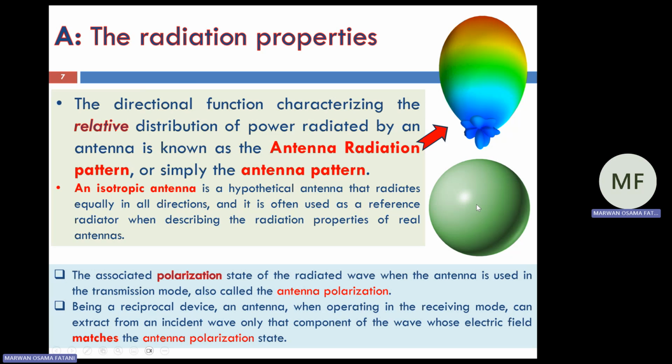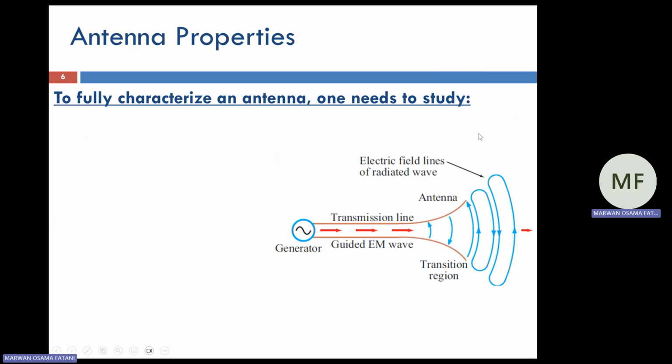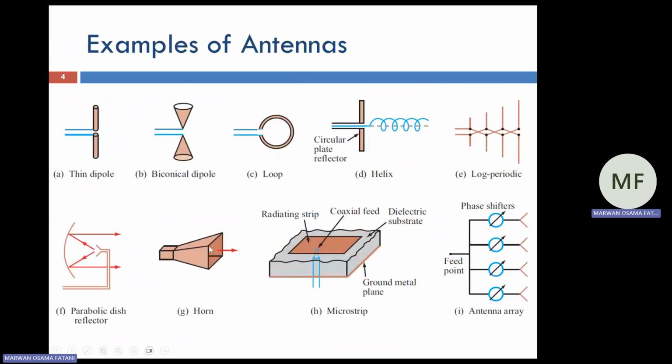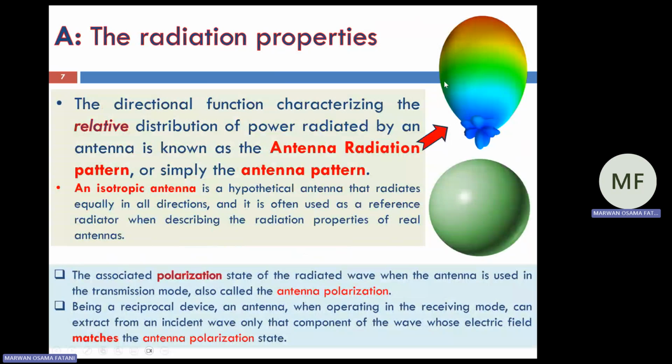You can imagine the antenna radiating in all directions equally, which is not realistic. A more realistic antenna distribution would be this one right here, which is produced by a horn antenna. So the horn antenna produces this type of antenna pattern.